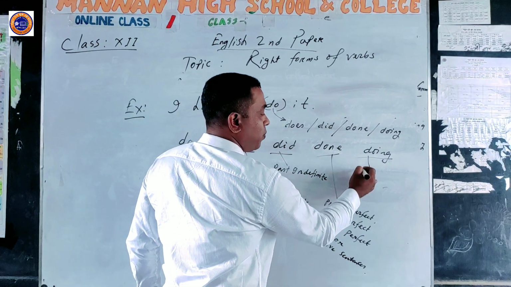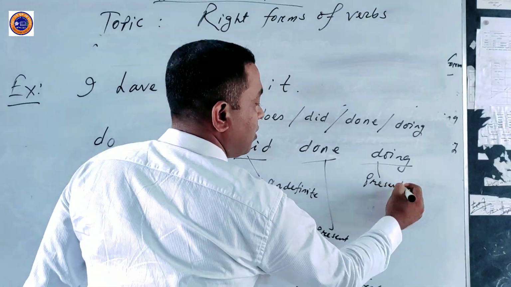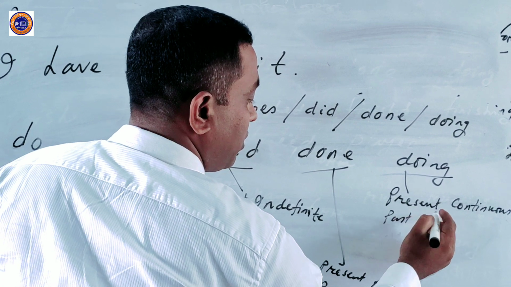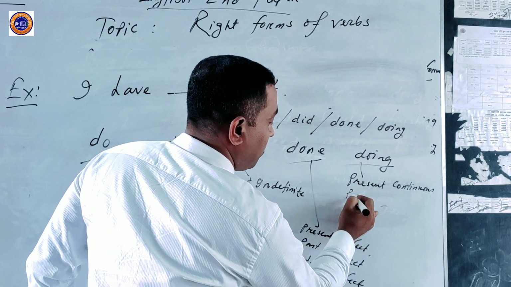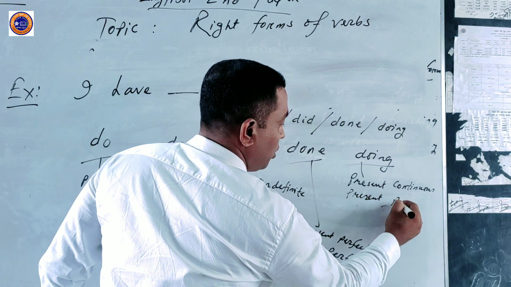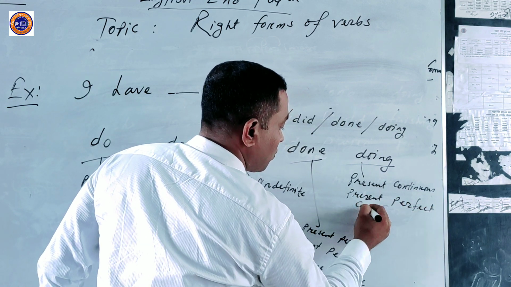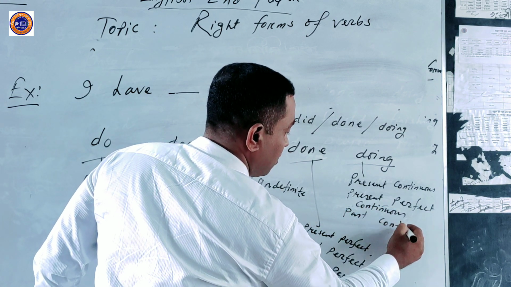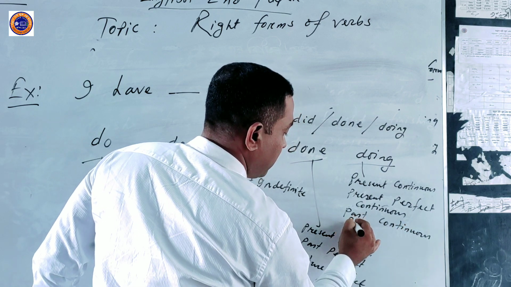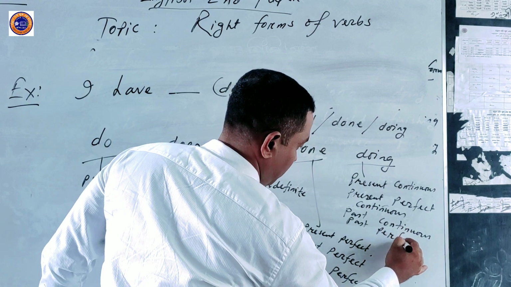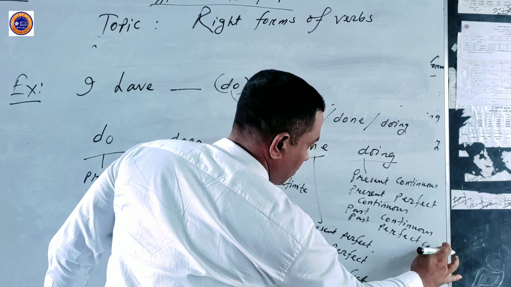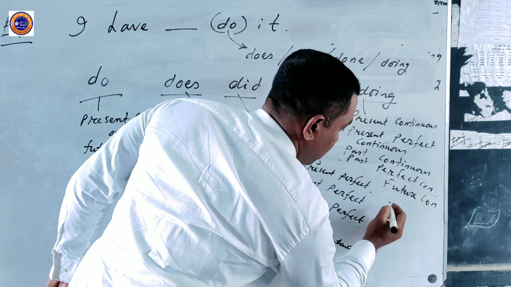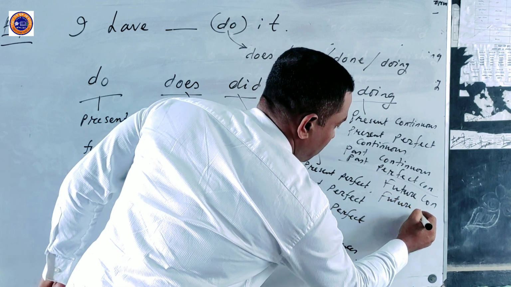And doing is used for present continuous, past continuous, present perfect continuous, past perfect continuous, future continuous, and future perfect continuous.